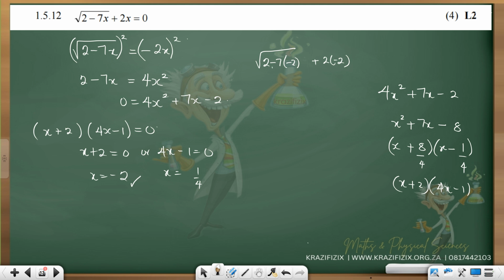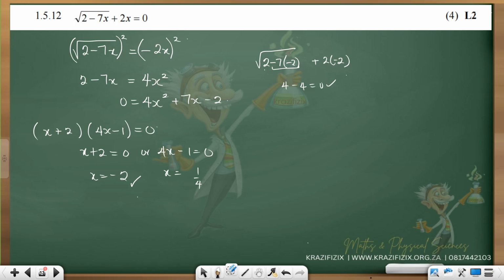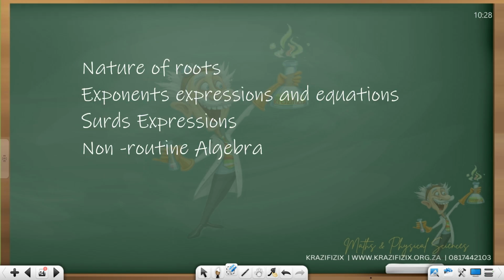Will this give me a 0? 14, 16, square root of 16 is 4 minus 4. Beautiful. 1 over 4 will not work because that will give me a negative there. So, all right, guys, let's be careful of those signs. Are we okay? Careful of the additions and subtractions. Everybody okay? Beautiful. All right, thank you, guys.